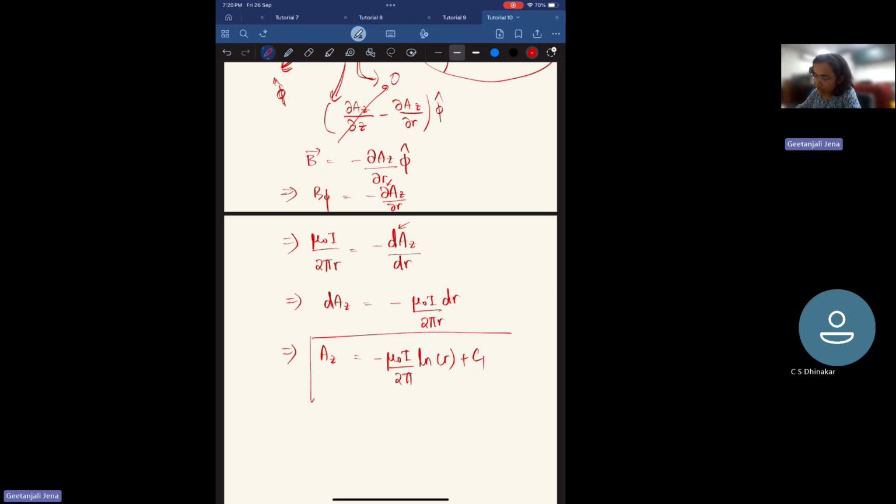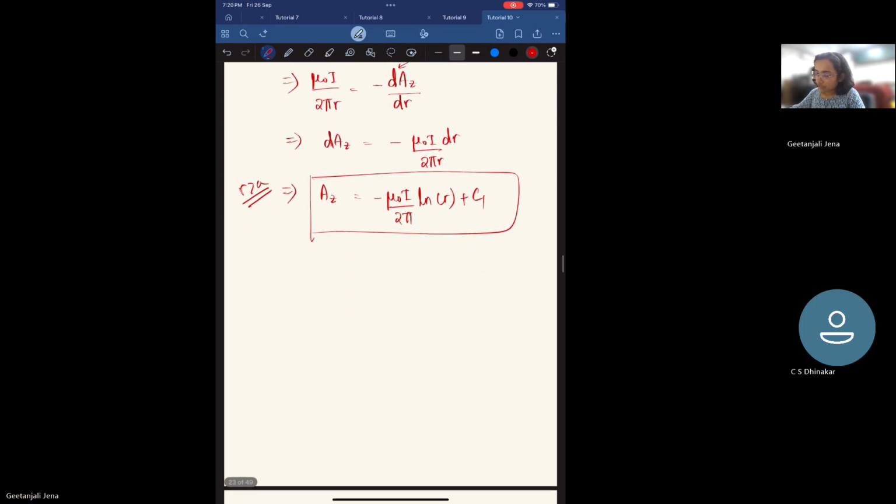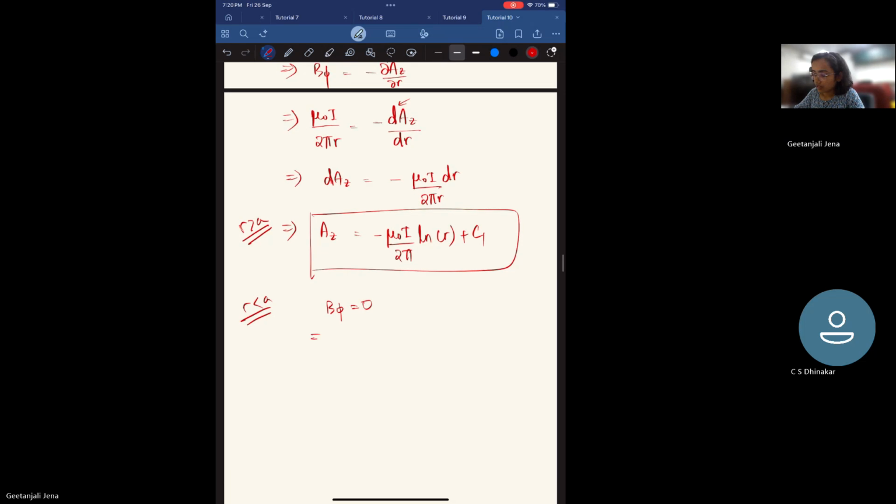So this is for the outside. For r greater than a, we have the potential like this. For r less than a, B phi is 0. It's given it's 0. So that means dou Az by dou r should be 0.